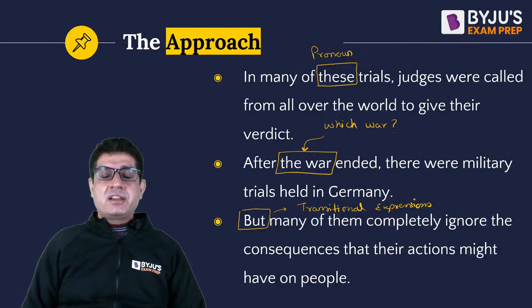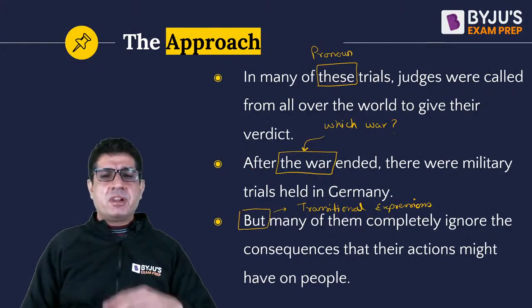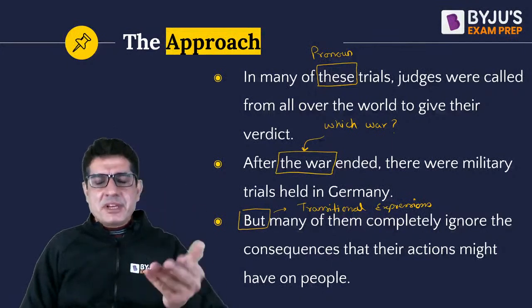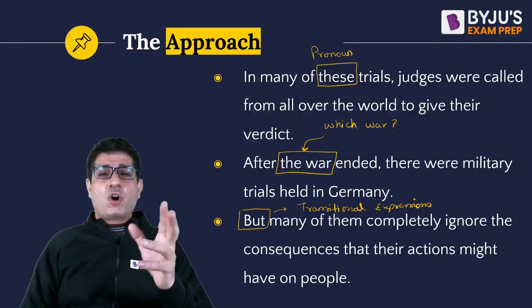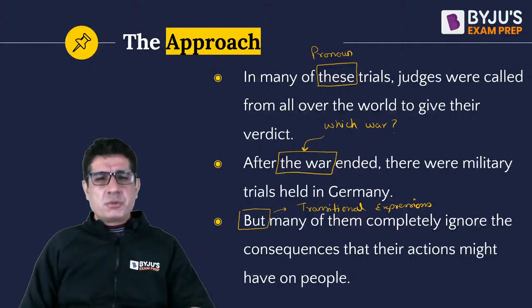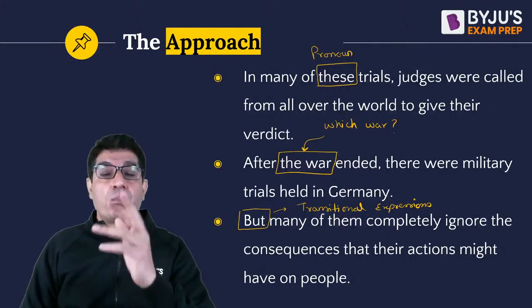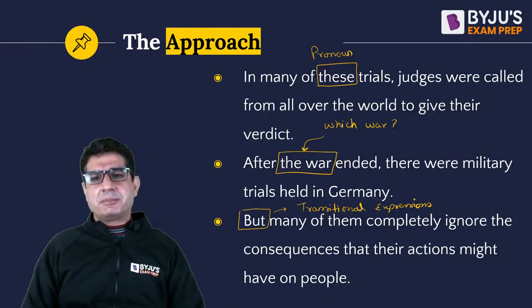So, but specifically shows contrast. So, if a sentence says, but many of them completely ignore the consequences that their actions might have on people, I need to have a sentence immediately before it that carries a contrasting thought, that carries an opposite thought. इसका उल्टा, इसका opposite बोलना पड़ेगा ना इसके पहले, नहीं तो but के use को कैसे justify करेंगे हम?